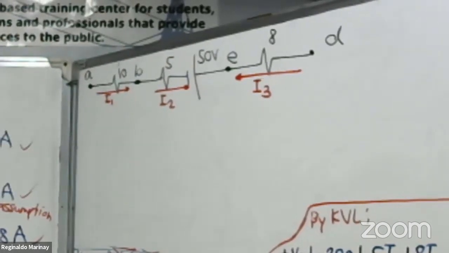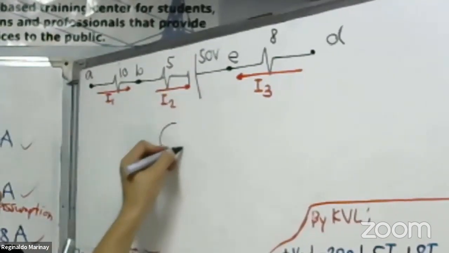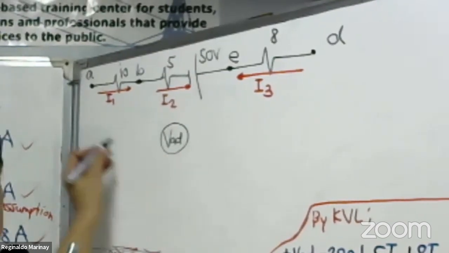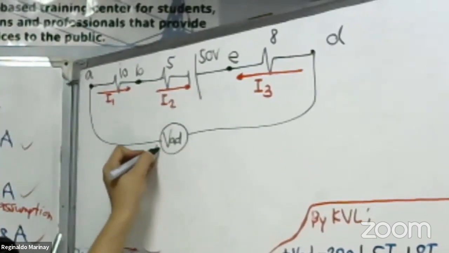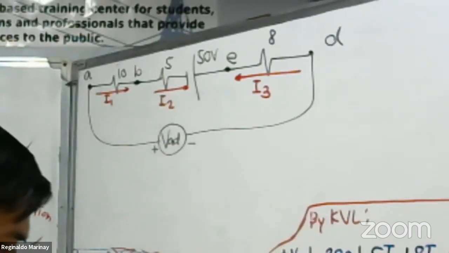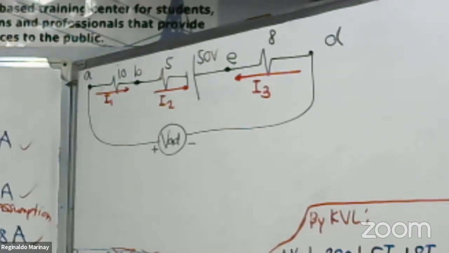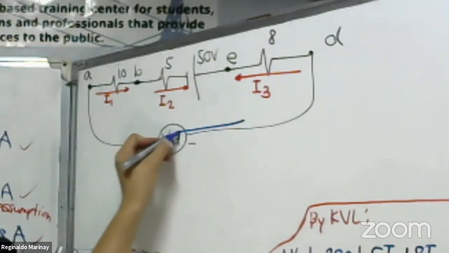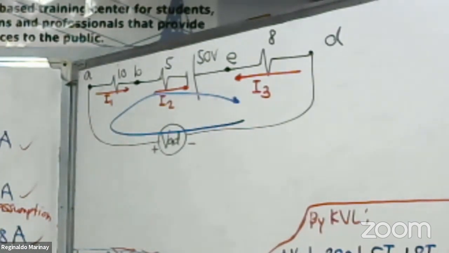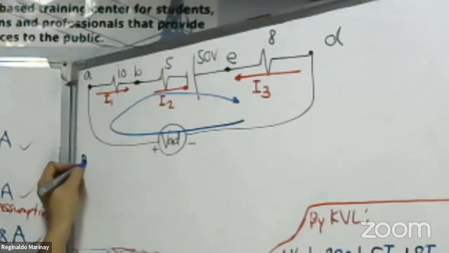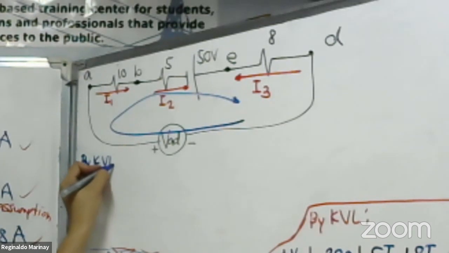Again, let us put our voltmeter VAD to this terminal and to this terminal. This is positive, this is negative. And I will have the circuit tracing always on a clockwise direction. Always on a clockwise direction. Again, by Kirchhoff's voltage law, by Kirchhoff's voltage law.